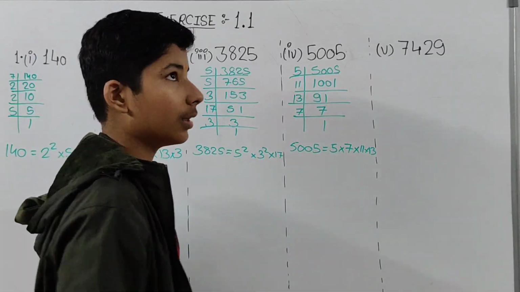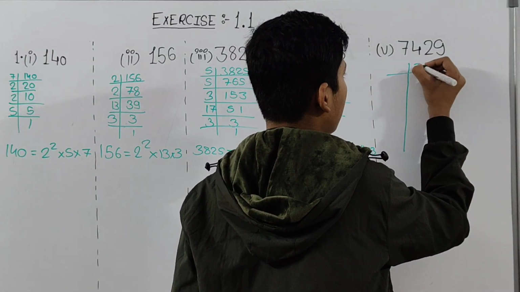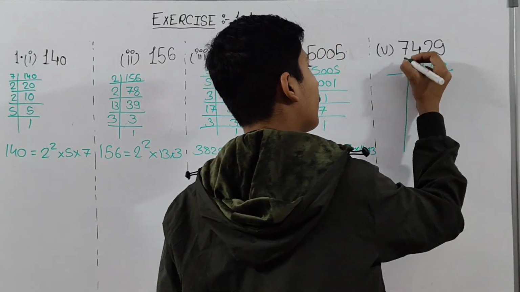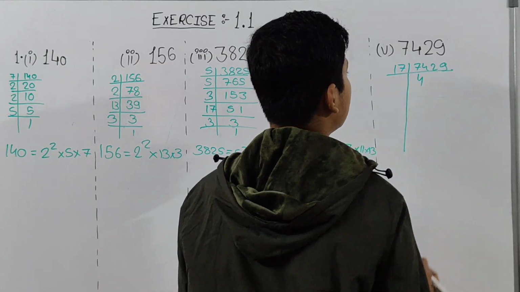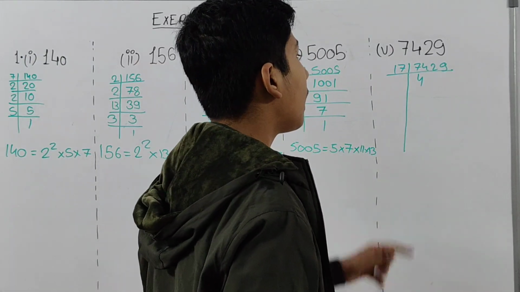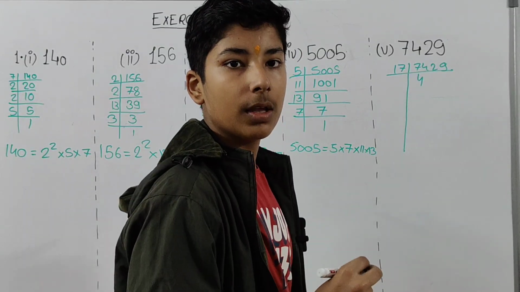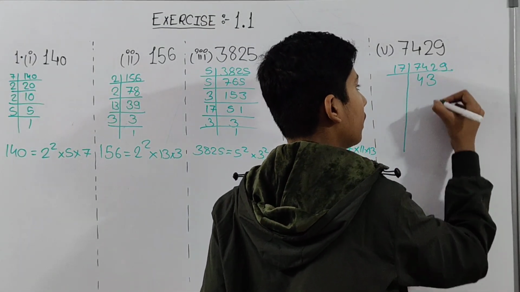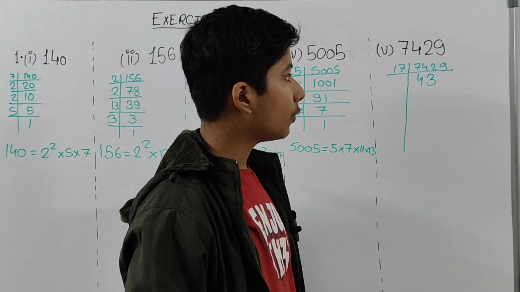This is our solution. Now this one is a bit confusing. 7429. We'll firstly divide it by 17. 17 fours are 68. 69, 70, 71, 72, 73 and 74. So 6 is left. 62. 17 threes are 51. So 51 and 50, 62 was there.